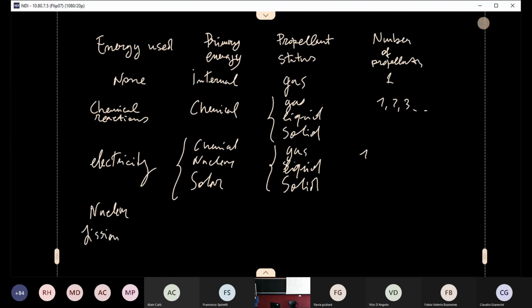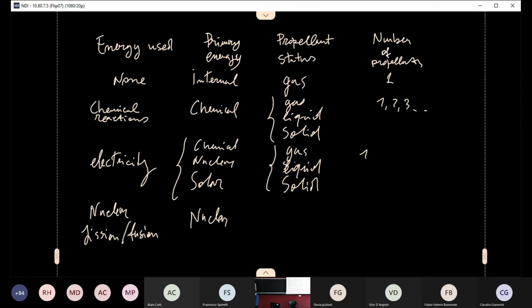Fission, yes. Fusion in principle. Of course, the primary energy will be nuclear in this case, but with nuclear fission or fusion, we get internal energy, and again, we can accelerate at high speed and get our thermal rocket.